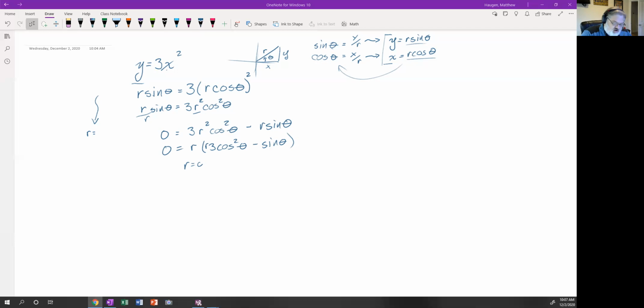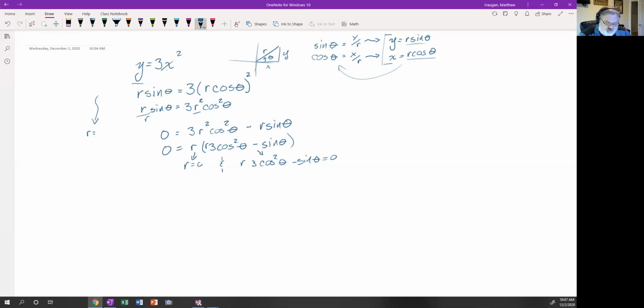Okay. r equals 0 and r(3 cosine squared theta minus sine theta) equals 0. And that's your zero product principle. Either that equals 0 or this equals 0.